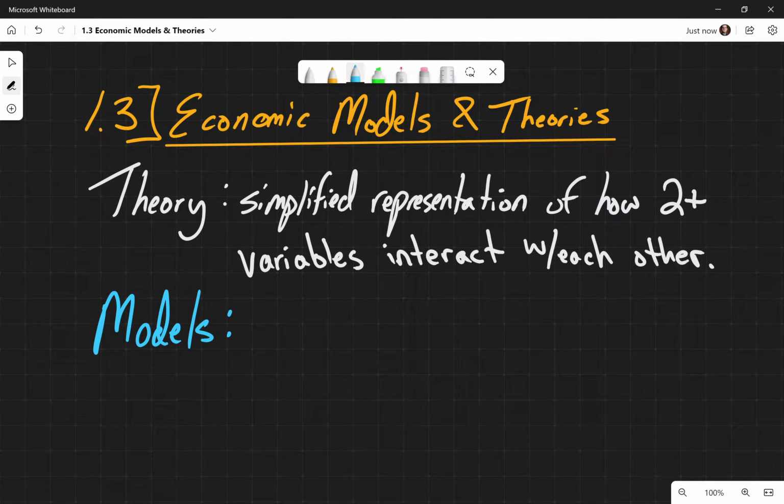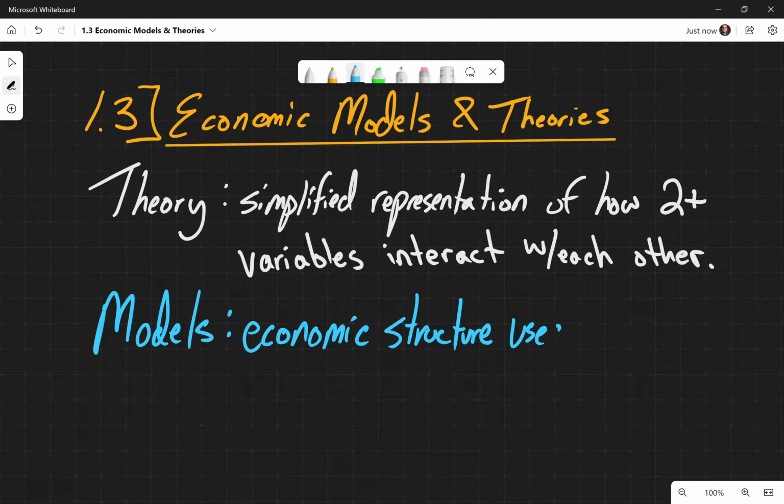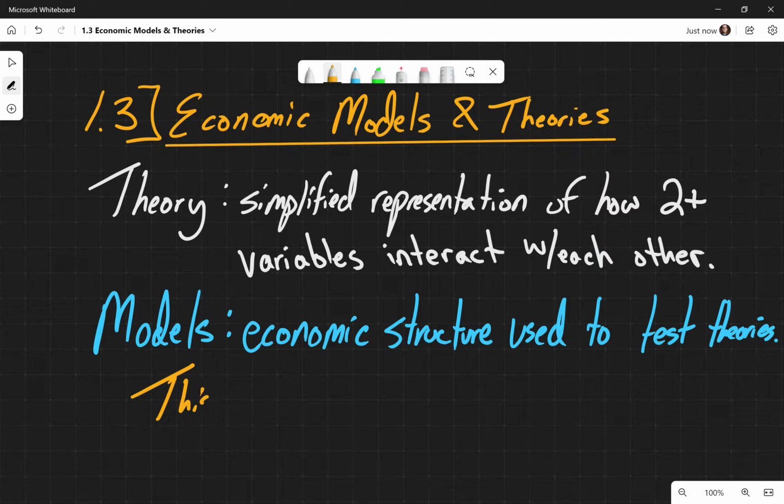So a model is an economic structure used to test theories. In our class, we can use models and theories interchangeably.